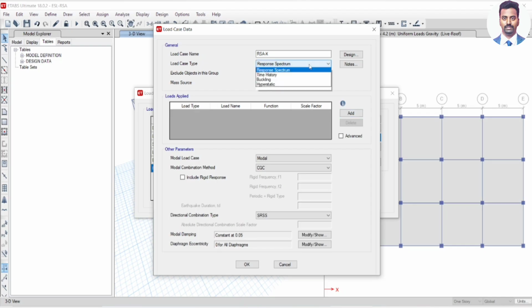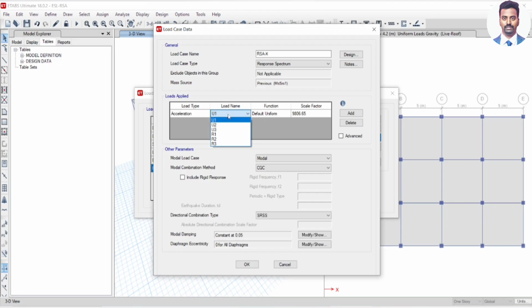Otherwise, if we provide linear static without acceleration, without the fundamental natural period of all the modes, we will be getting a single answer. So we need the dynamic analysis, hence we have to give acceleration and the load in one direction, which is x direction.